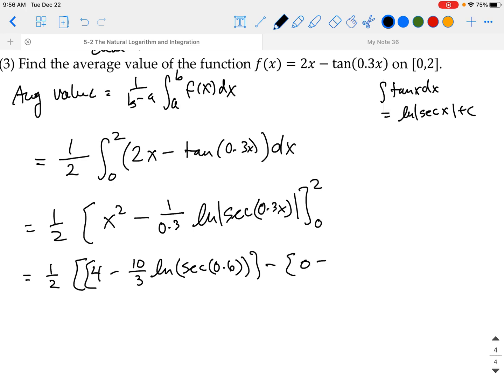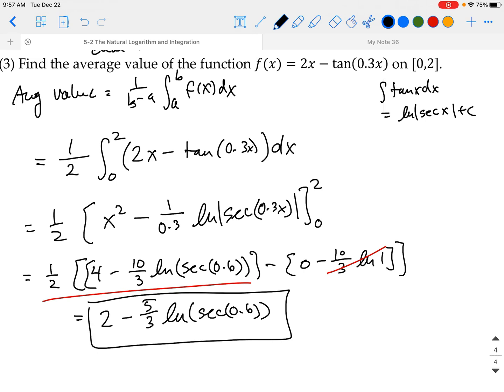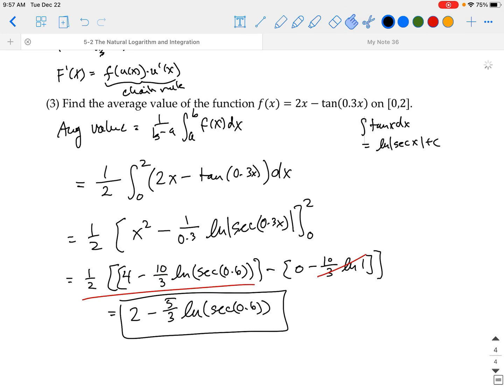We'll get 0 squared is just 0 minus 10/3, and then the natural log of secant of 0.3 times 0 is just going to be secant of 0, which is 1. So we'll get the natural log of 1, but of course, that is just 0. So really, we're just going to end up with this expression on the left. If we distribute our 1/2 in, we'll get 2 minus 5 over 3 natural log of secant of 0.6. And if you want to approximate, you can put that into a calculator, but that will be our average value.